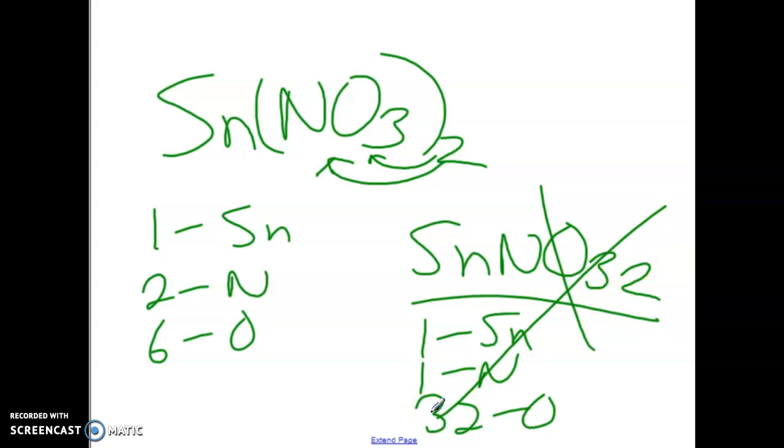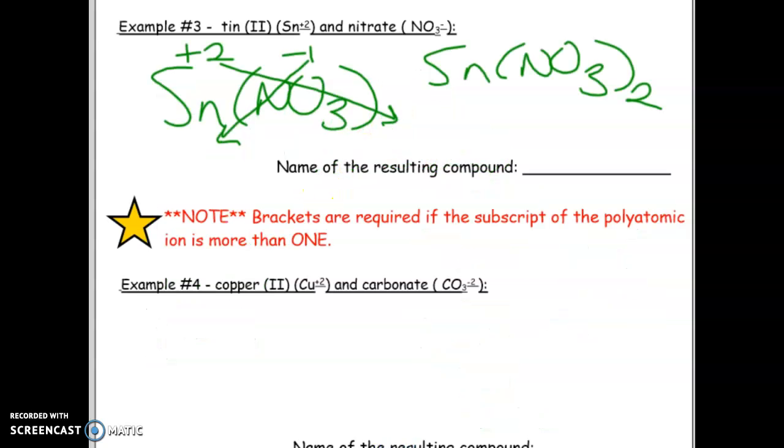No. So you do not put the brackets if it's a 1, if you don't have a number there. But if you have to crisscross down a number that you have to write in, you must include the bracket. So the name of this compound would be tin 2 nitrate.